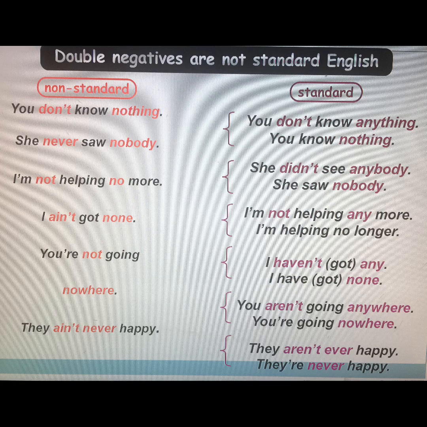Also, double negatives are not standard English. For example, non-standard, "you don't know nothing." This, in standard English, would be "you don't know anything," or "you know nothing."